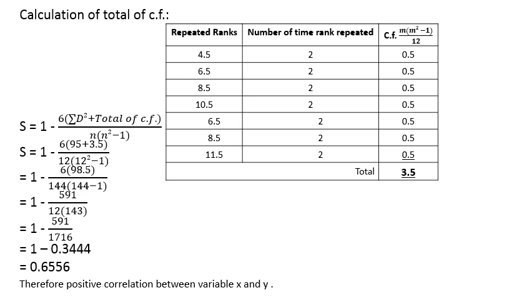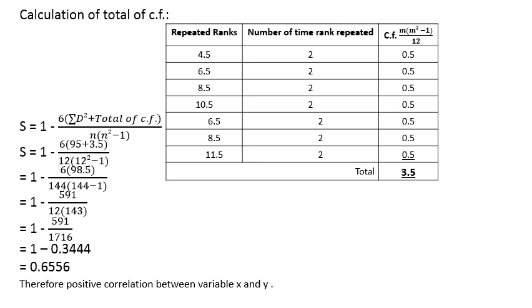Now you substitute in the formula: S equal to 1 minus 6 into sigma d square plus total of correction factor divided by n into n square minus 1, which is 1 minus 6 into 95 plus 3.5 divided by 12. 12 values are there, so 12 into 12 square minus 1.